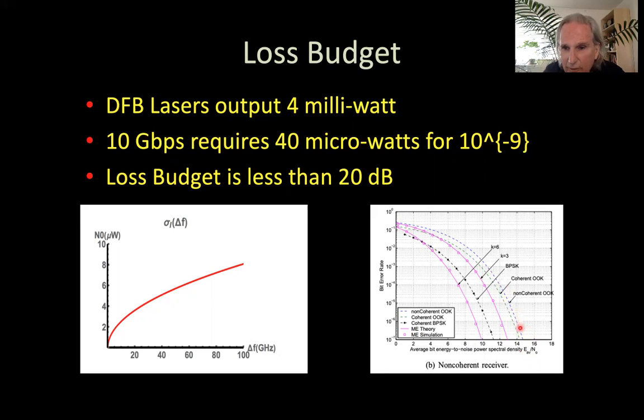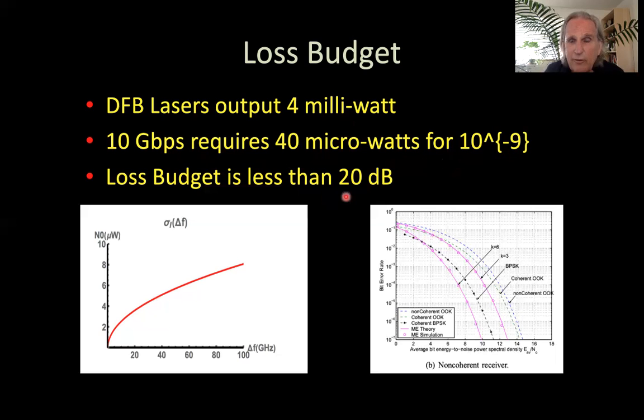But even without error correction, these numbers would be a very poor bit error rate. So even at 10 gigabits per second, we need something like 40 microwatts of signal. And that's with error correction if we want to get to 10 to the minus ninth.